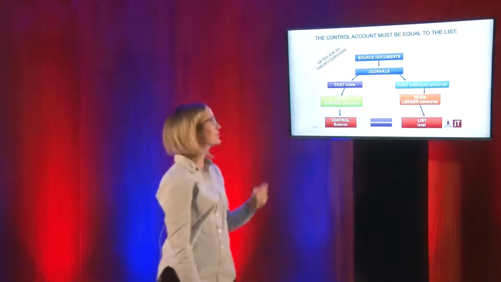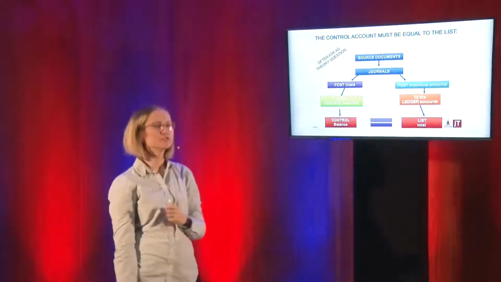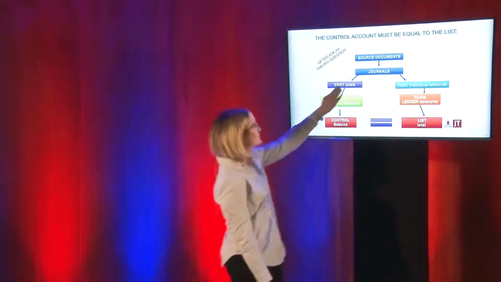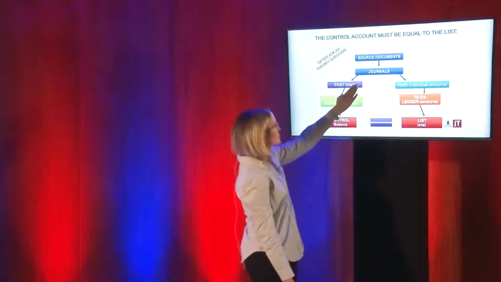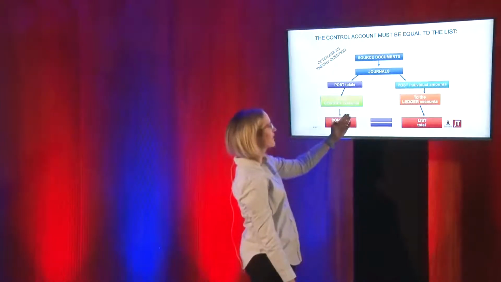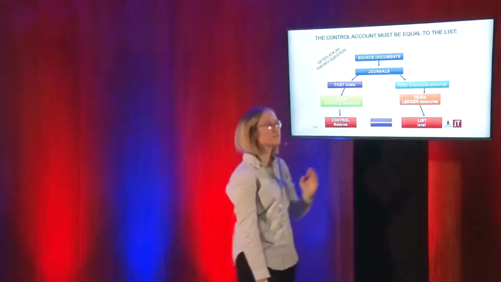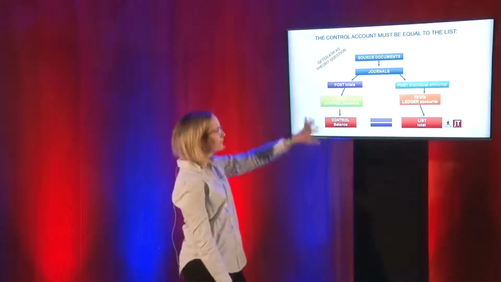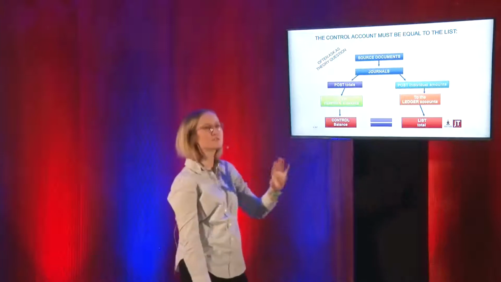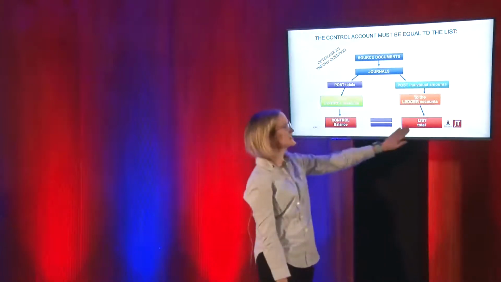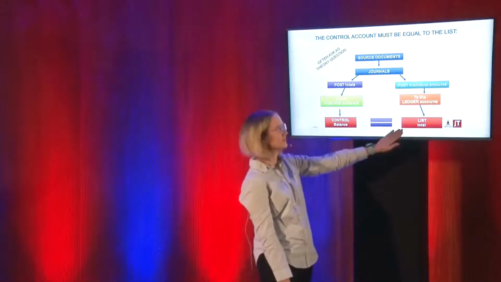This is a question commonly asked in exam papers: why should the creditor's list be equal to the control account? From the journals, we post to the control account, and from the journals, we post to the individual's account. So if we've done this whole process correctly, the control account must equal the list.